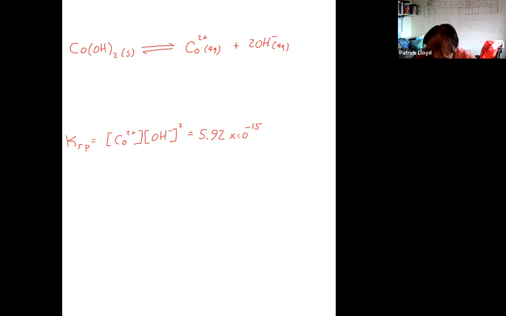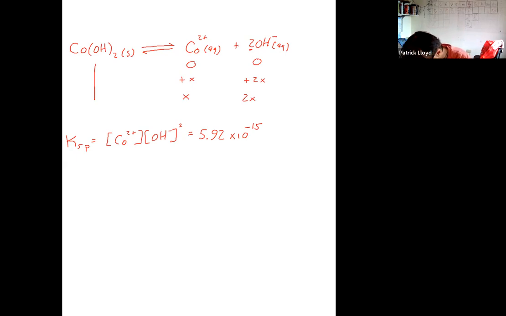So remember how we deal with that. To find the solubility from the Ksp, this is a solid, so we don't worry about it. This starts off as 0 and 0. Some of the solid will dissolve, so this will go up by x. This will go up twice as much, so it'll go up by 2x. And so once it reaches equilibrium, we'll have 2x for the hydroxide and x for the cobalt-2.